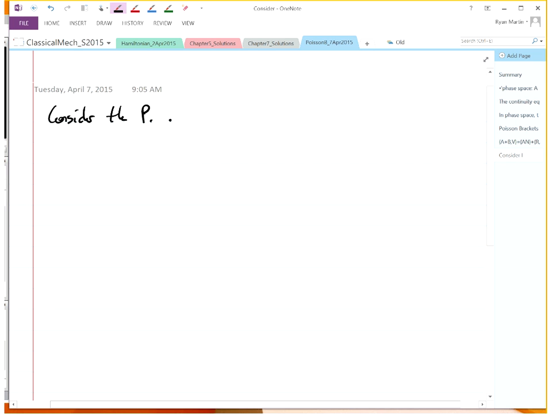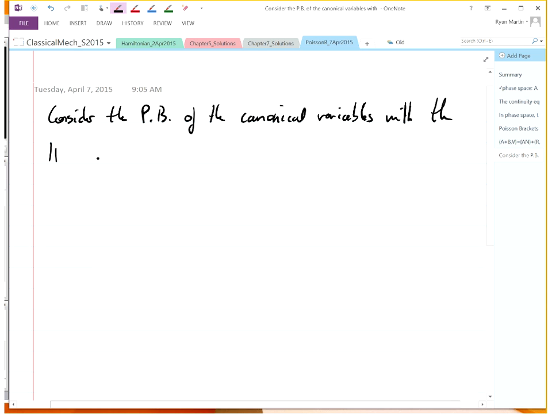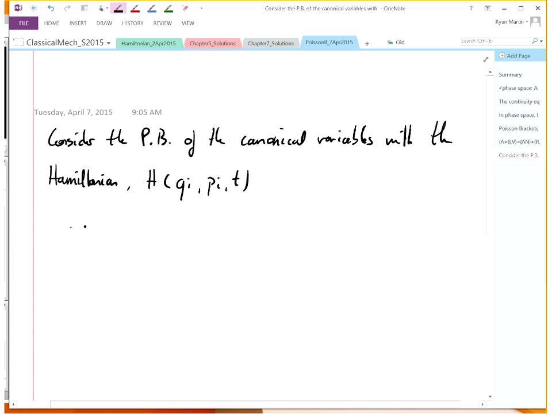So consider the Poisson brackets of the canonical variables with the Hamiltonian. Remember, the Hamiltonian itself is a function of the canonical variables. So it's a legitimate thing to try to take the Poisson bracket with the Hamiltonian.